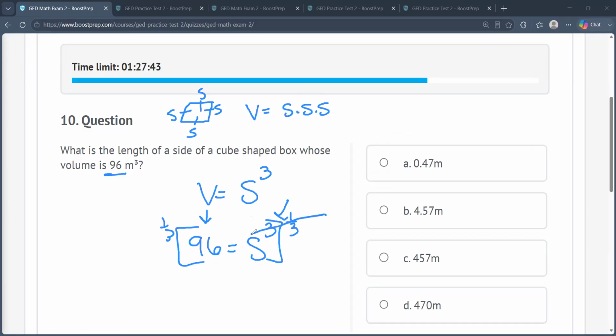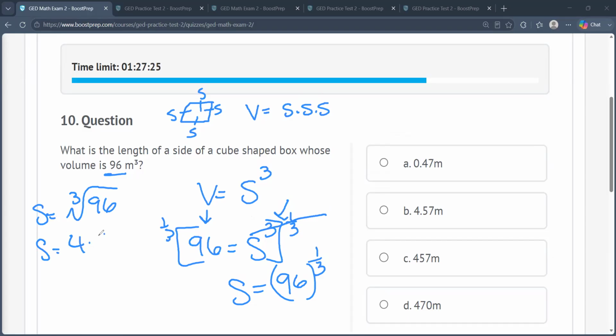So this cancels, and you're left with s equals 96 to the 1/3, or really the cube root of 96. And the cube root of 96, you can use a calculator because it's not perfect. It's going to be 4.57. So it's going to be B. Okay, so we just found one side length.